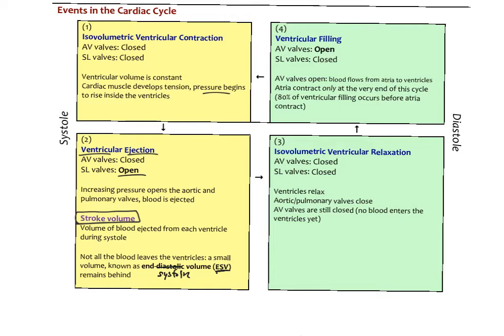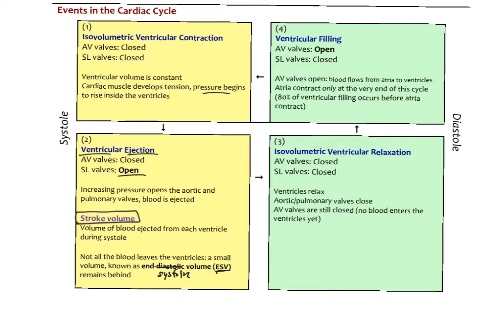Then, as the blood is driven out of the ventricles and the pressure in the ventricles drops, the pressure both in the arterial tree and the pulmonary tree is greater than the ventricular pressure, and that closes the semilunar valves. So the aortic and the pulmonary valves close. The ventricles then relax, and there is just the end systolic volume that remains in the ventricles at that point.